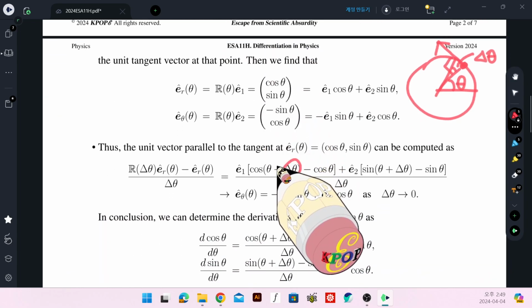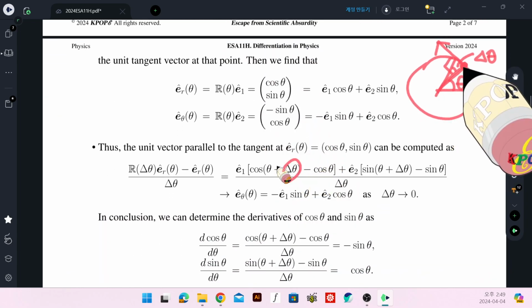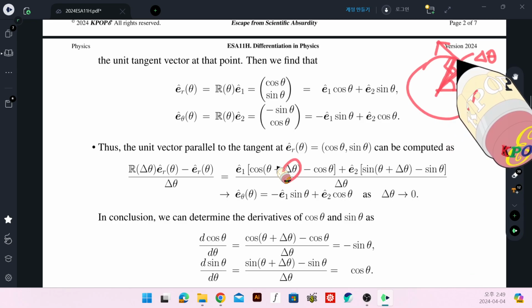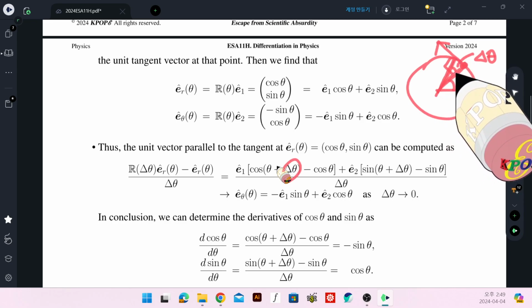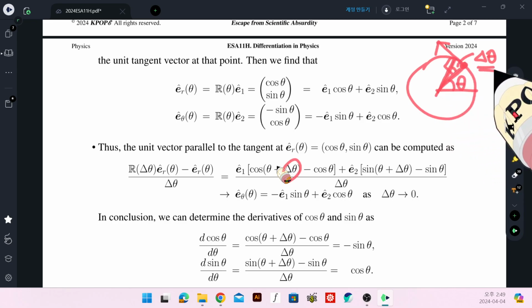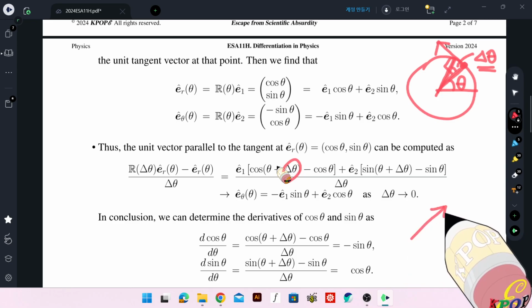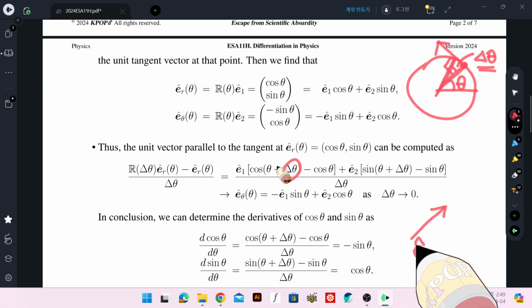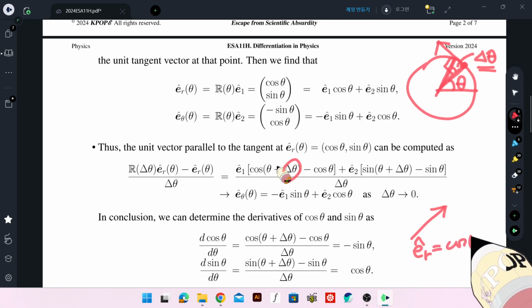The displacement of this unit radial vector during the rotation of a finite but infinitesimal angle, delta theta, satisfies a similar relation. We know that the unit radial vector E_r is of the form cosine theta E1 hat plus sine theta E2 hat.